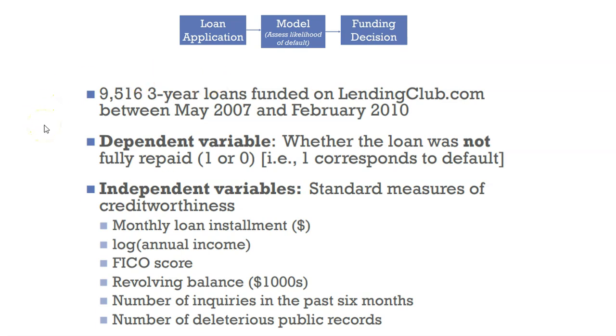The dependent variable, or the response variable, can be default, the probability of default, whether the loan was not fully repaid.